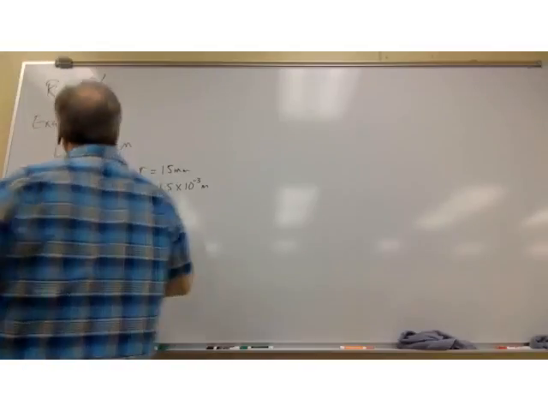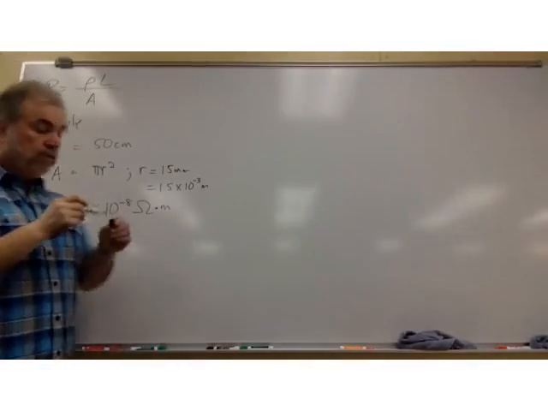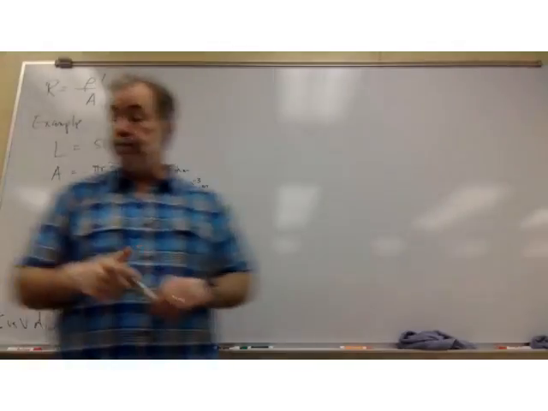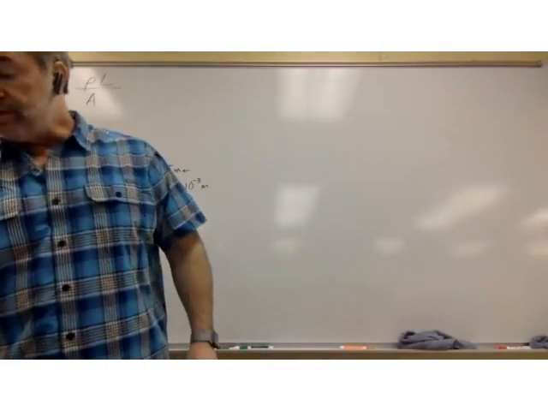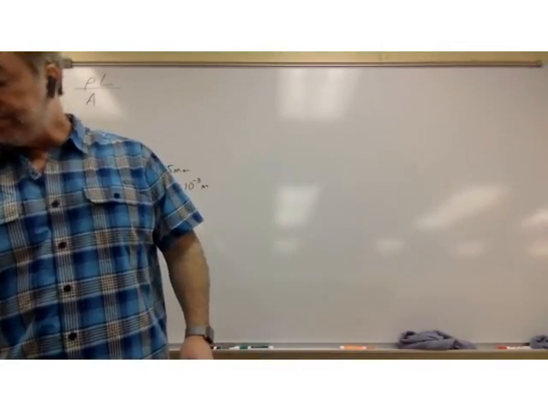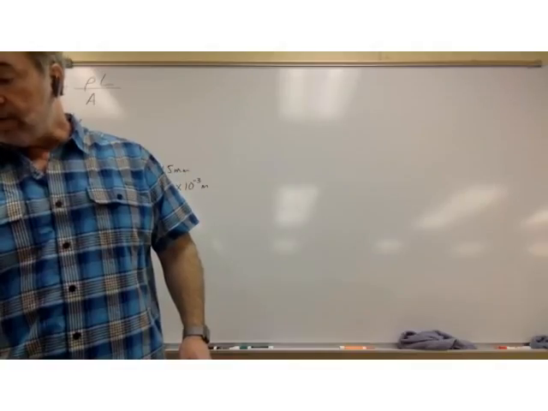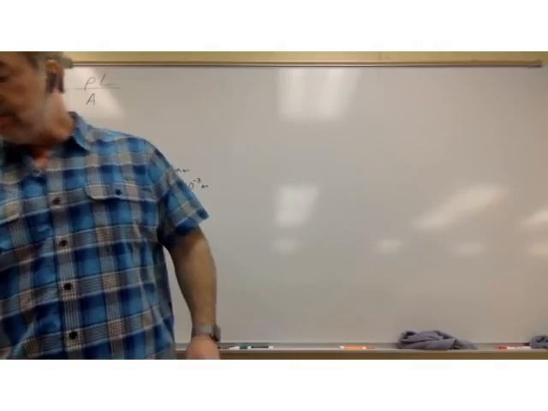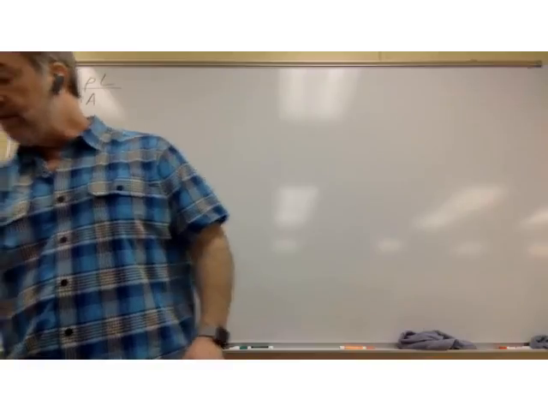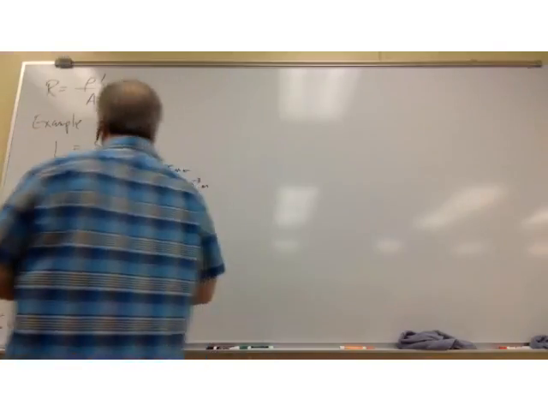Okay, and if I've done anything like a decent job here, we would expect the resistance to be pretty small, because after all, the resistance of copper wires is known to be pretty small. So let's see if we get something small.